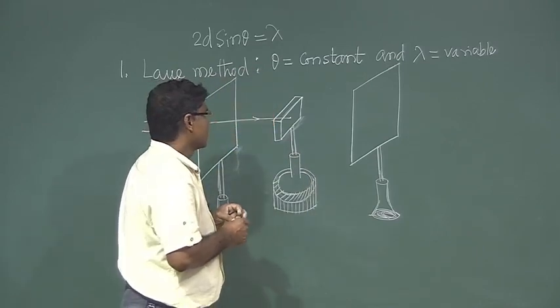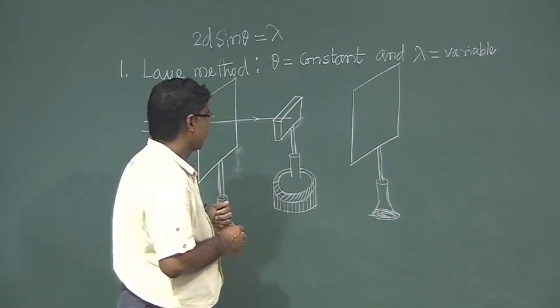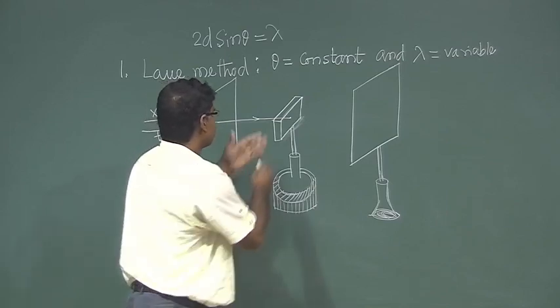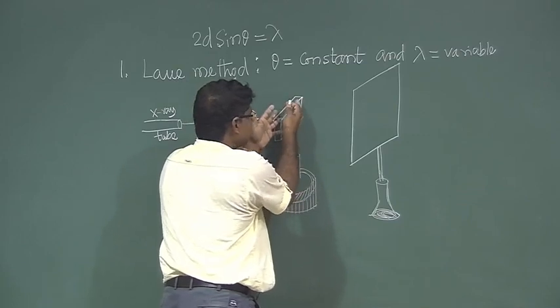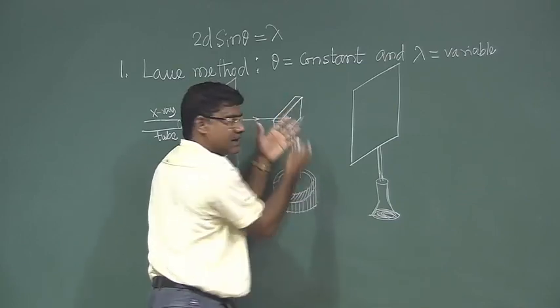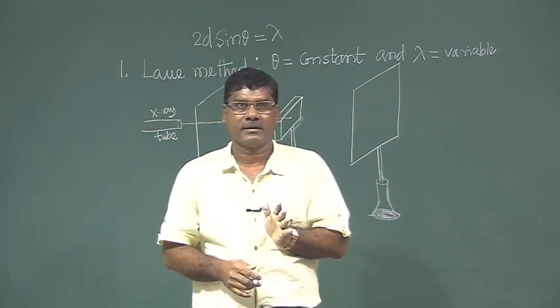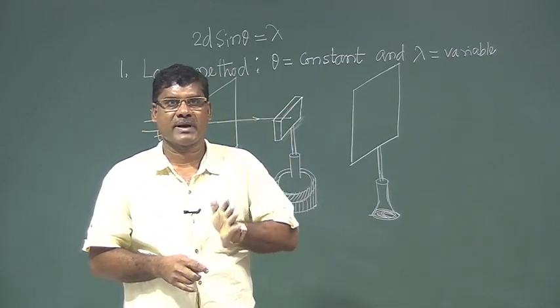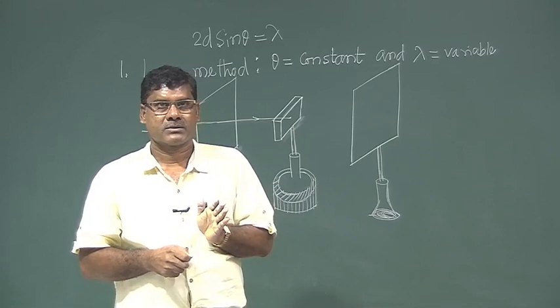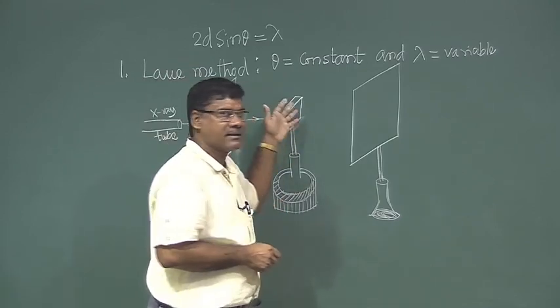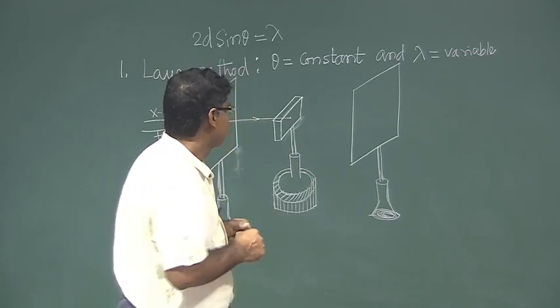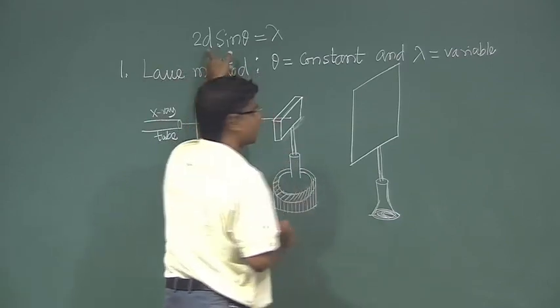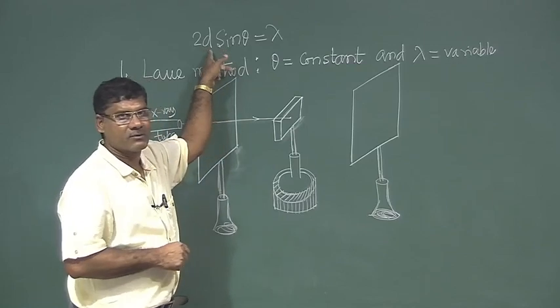Here X-ray is falling on a single crystal, which has many crystal planes. One set of parallel planes has a particular lattice constant, which we know.